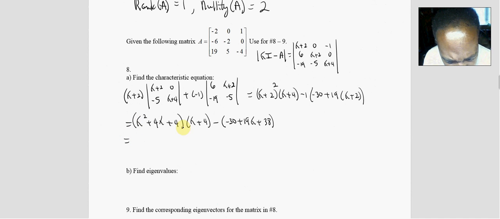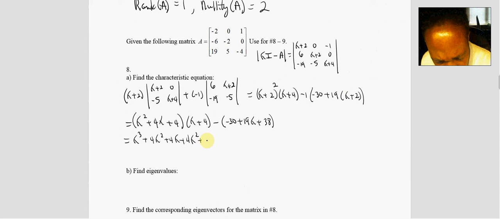So distribute all this out. This is lambda to the third plus 4 lambda squared plus 4 lambda plus 4 lambda squared plus 16 lambda plus 16. This inside the parentheses is 8 plus 19 lambda. So this is +8, negative, so it becomes -8.